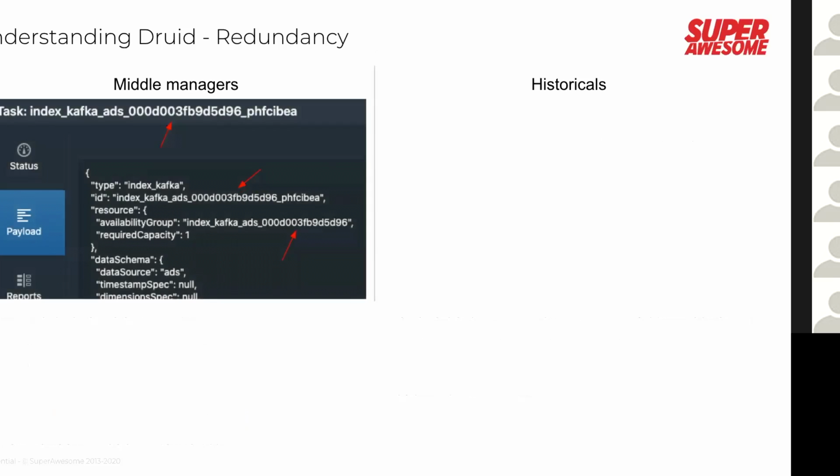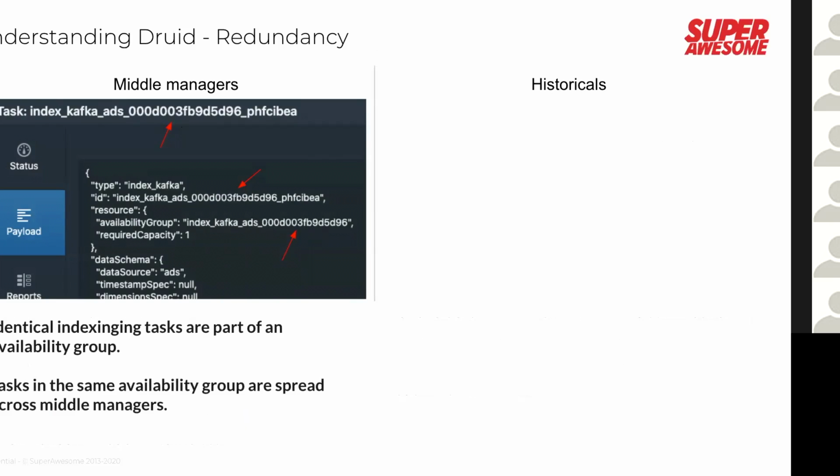In the middle managers, if you look at your indexing task, you will notice that the name of the task is split in two. The first part is what's called the availability group, and then the second part is the index of the task. So when you ask Druid to create more than one copy of an indexing task, they would have different task names, so the second part of the name, but they would be in the same availability group.